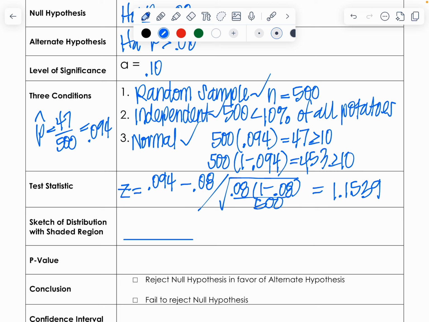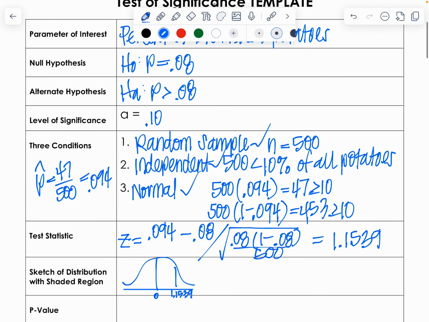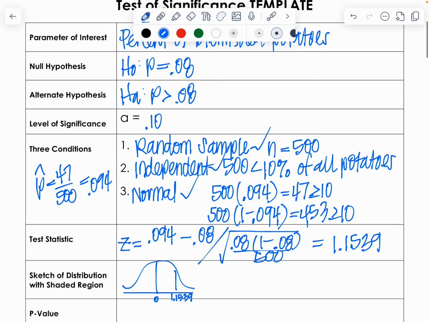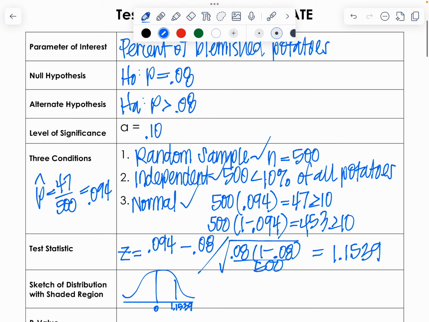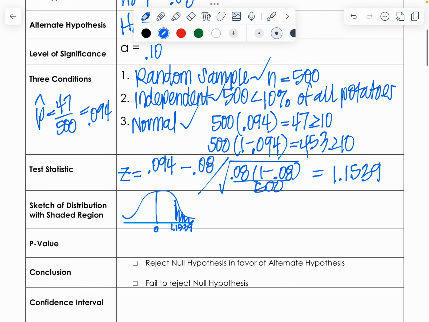So now on our standard normal curve, starting at 0, we are up at 1.1539, and because our alternate hypothesis said we'd be greater, we will shade to the right. All right, so then to find that p-value, we use normal CDF.